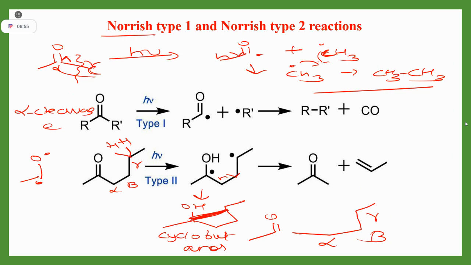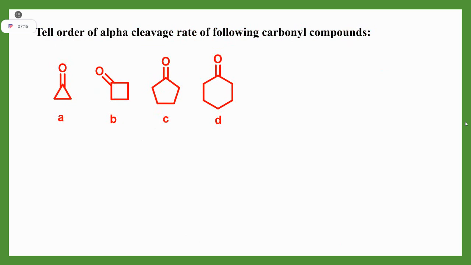In Norrish type 2 reaction, alpha cleavage can also occur as a side product, but when you have gamma hydrogens, they can be abstracted and result in the formation of this ketone and alkene, right? So let's solve questions based on these reactions.